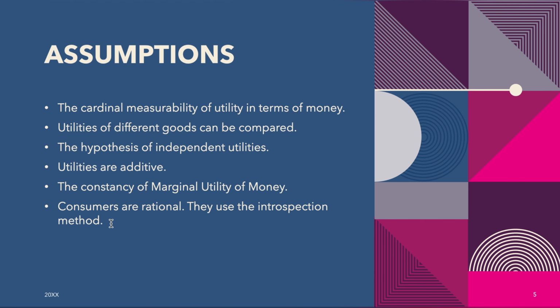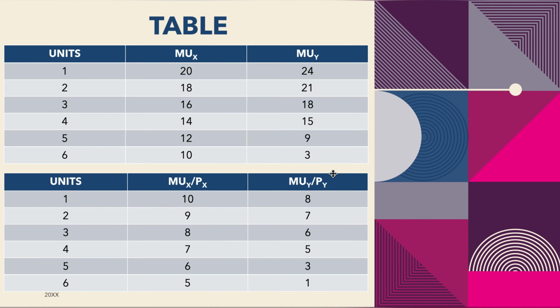Then we have that consumers are rational, they use the introspection method. Consumers are rational, they can calculate, they can introspect, and they can understand what utility they could derive from different combinations of goods, and how much satisfaction they'll get from these goods.